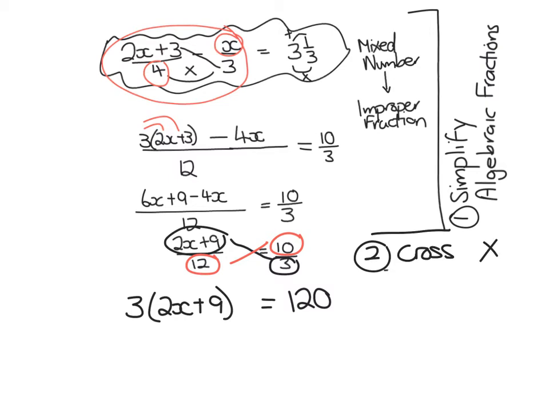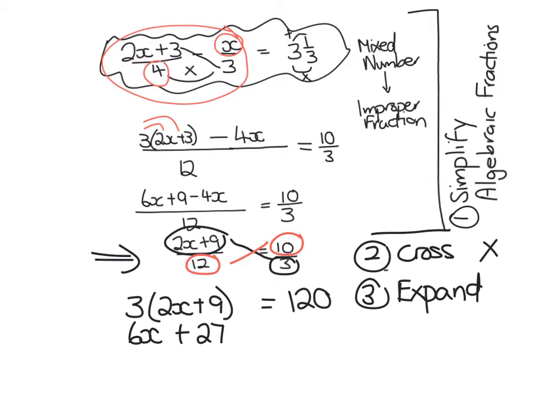Now, I know some of you are going, hey, why can you do that? And I'm just going to skip on that and expand and solve this equation, and then I'll come back and explain what actually went on in that step. So step 3 is expand. So if I expand that, I have to expand the number by each of those things in the bracket. So 3 times 2x is 6x, 3 times 9 is 27, so I get 6x plus 27 equals 120.